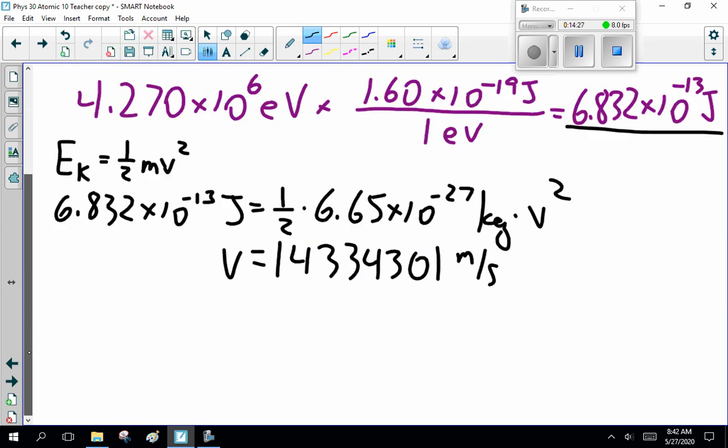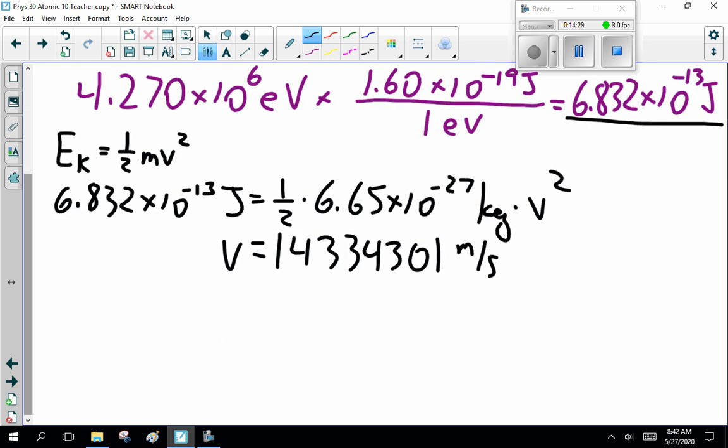Now, that's far too many significant digits. It's about 1.43 times 10 to the 7 meters per second. Okay. Now, it's actually not quite that much due to relativity and time dilation, but that's the number we're calculating, and save this for relativistic physics in university, because we don't teach that anymore in high school, which sucks. Anyway, so this is the crux of the lesson. What's the velocity of the particle being spit out?